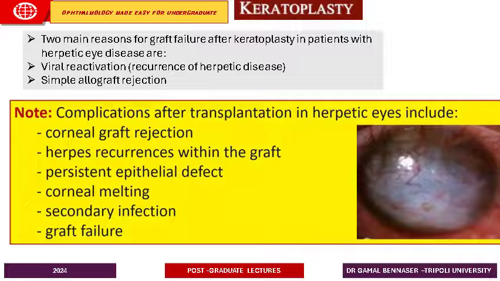Now, the discussion regarding the management of recurrence of herpetic eye disease after keratoplasty is beyond the scope of this lecture. I just mentioned this point from the point of recurrence of herpes simplex after keratoplasty, but the detailed discussion of the management will be covered in the keratoplasty lectures.